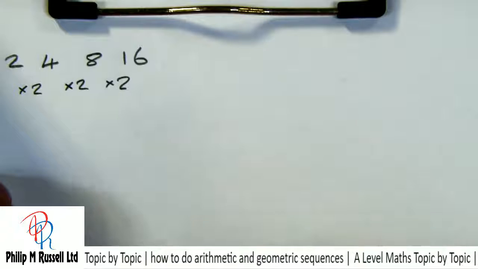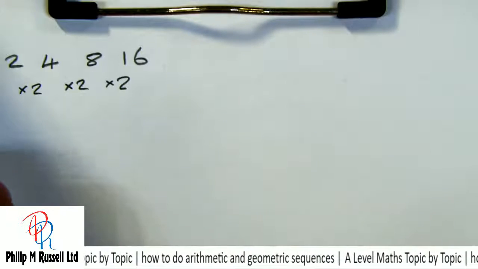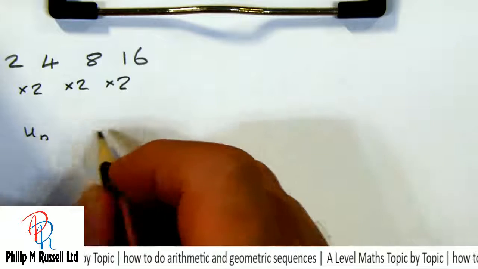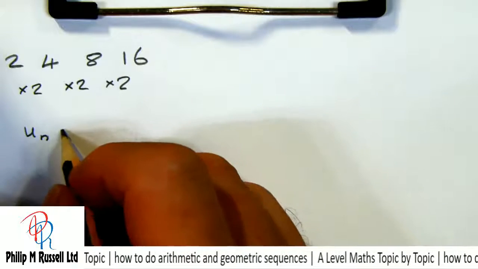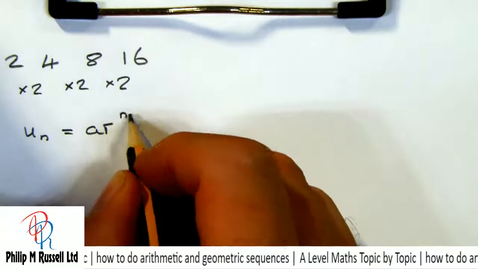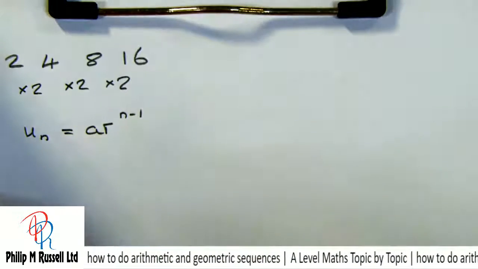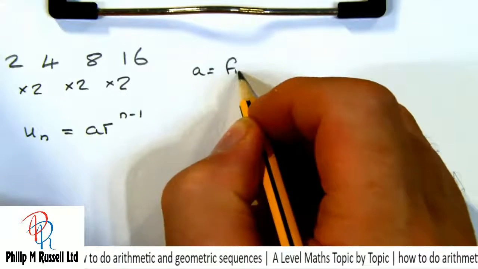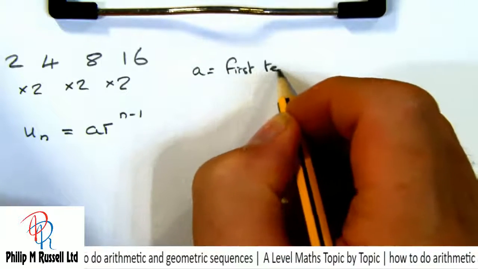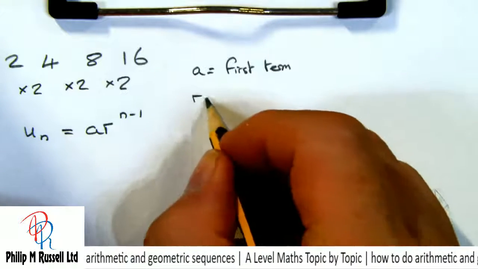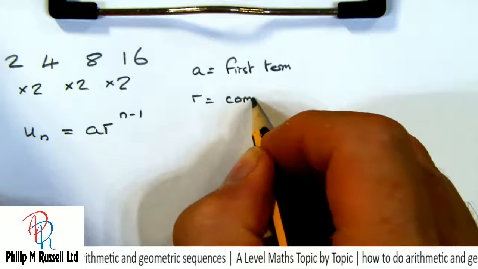And the formula for the nth term for this is going to be a r to the n minus 1, where a here equals the first term and r equals the common ratio.